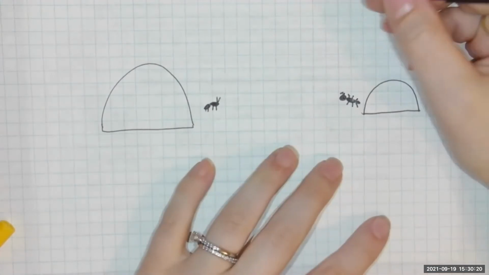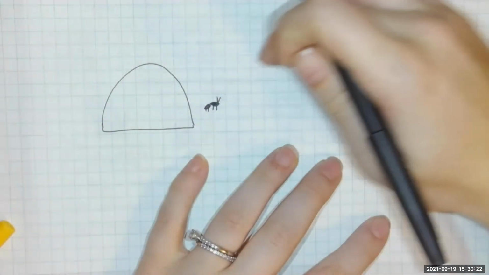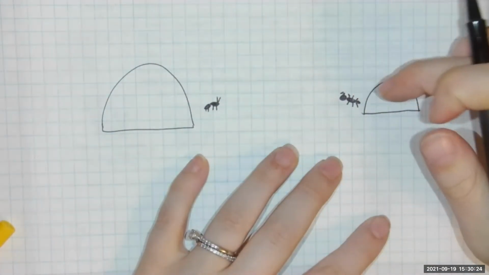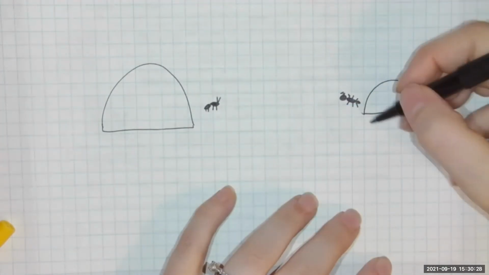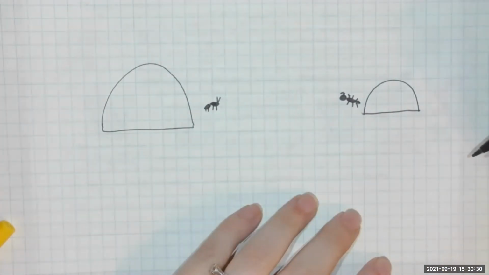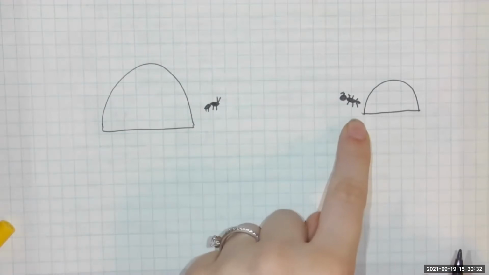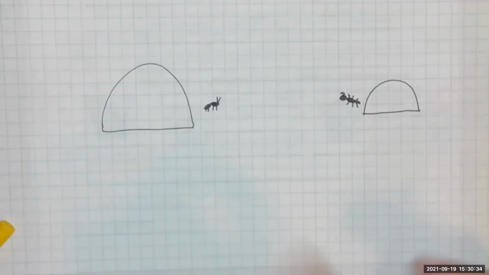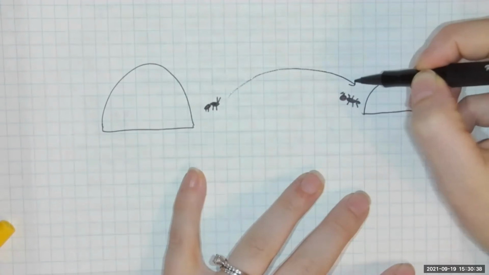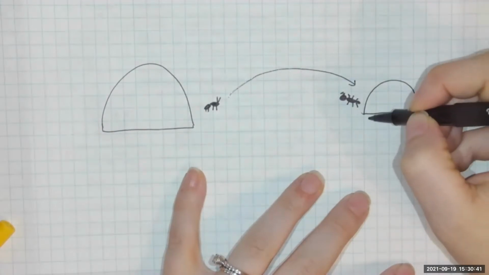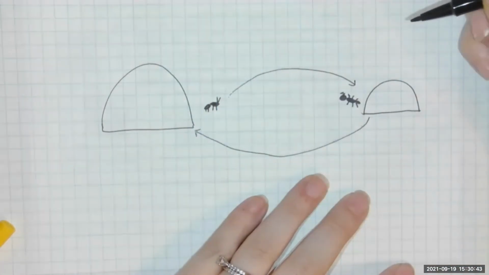And every day, this ant wanders over here, grabs a grain of sand from this pile and walks it back. The other ant is doing the exact same thing. So this guy goes over here, grabs a piece of sand, puts it in his pile.